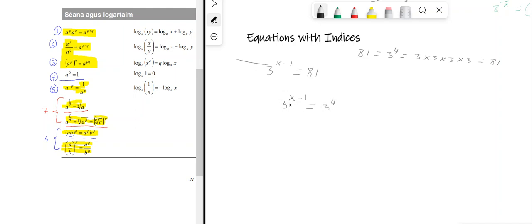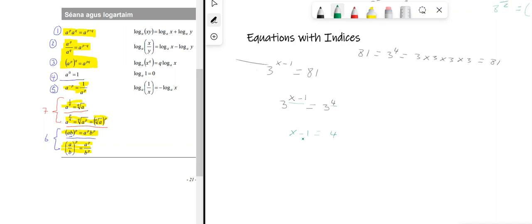Basically what we're trying to do in this equation is solve for x, find out the value of x. Once we've written it in this format, we can get rid of the base numbers and just make the indices equal to each other. So it's x minus 1 is equal to 4.